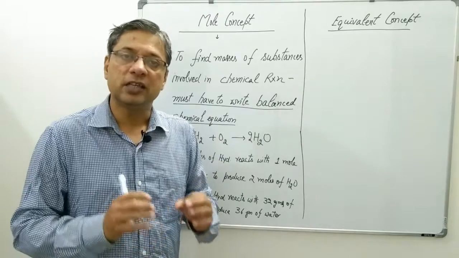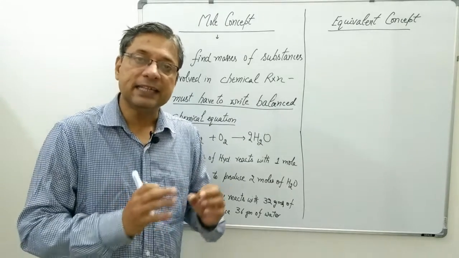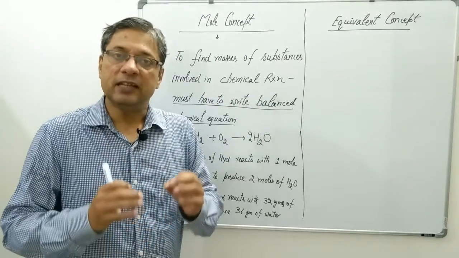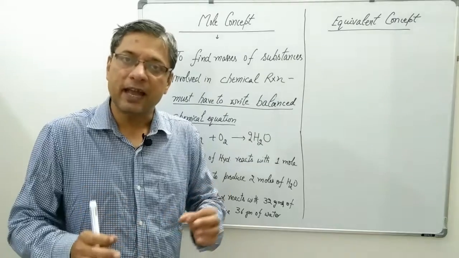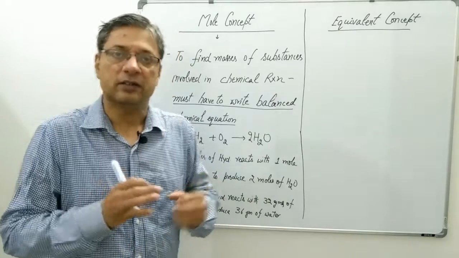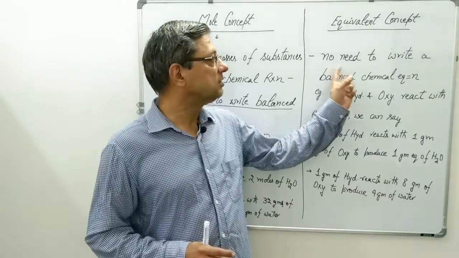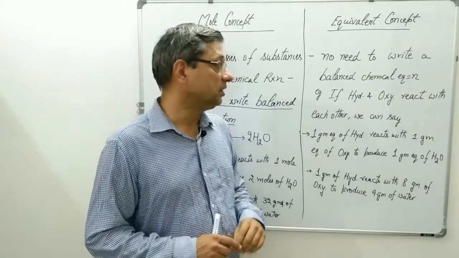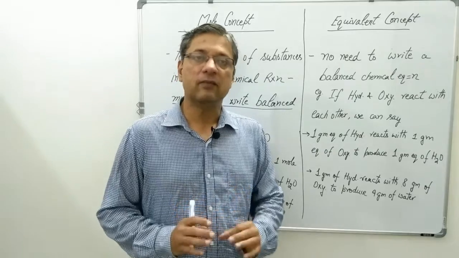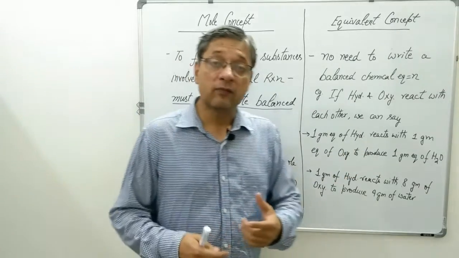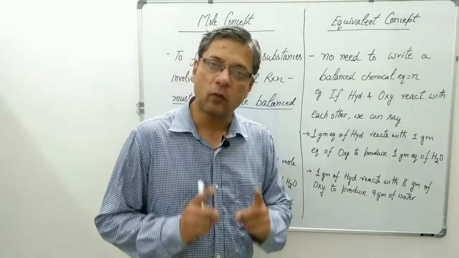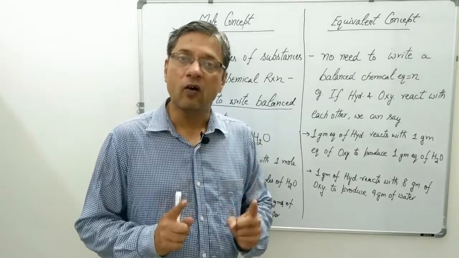If we know hydrogen and oxygen are reacting to produce water, we can simply say 1 gram equivalent of hydrogen reacts with 1 gram equivalent of oxygen to produce 1 gram equivalent of water, taking into consideration the law of equivalence.